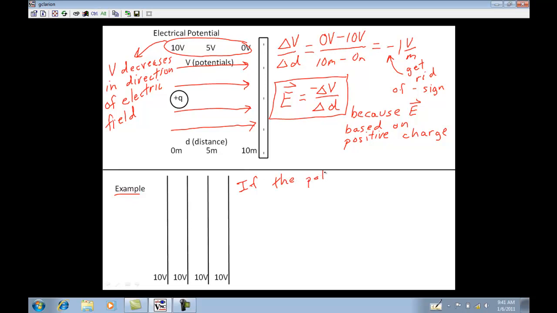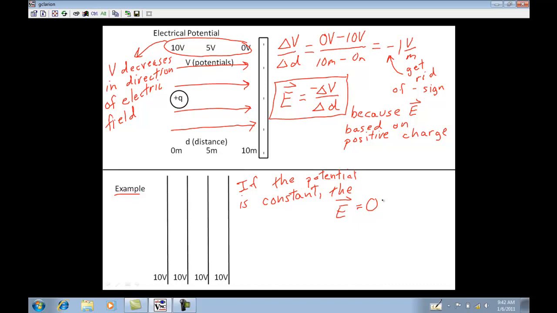If the potential, put it in the equation, if the potential is constant, then exactly, it would be 0. If the potential is constant, the electric field has to equal 0. Okay? That's really helpful for us in our notes.